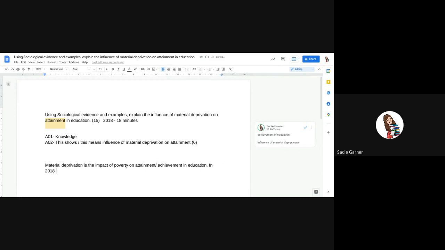In 2018, 21% of free school meals pupils achieved a 5 in both English and maths. The national average was 46%.